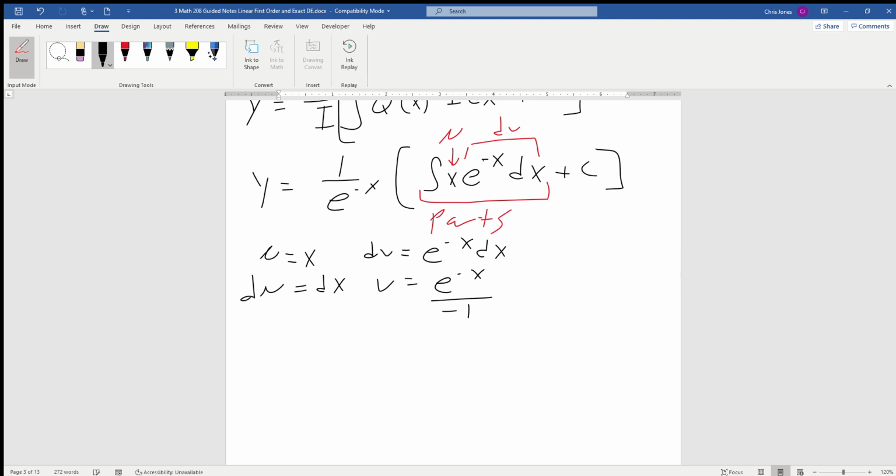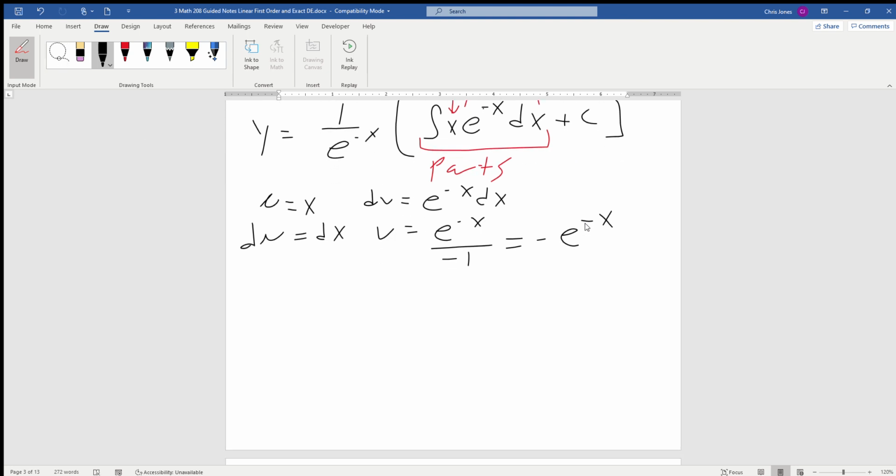Usually we'd multiply by -1 if it was a chain rule, right? But since we're taking the antiderivative, we're going to divide by -1. And again, that only works because the exponent is a linear term, excuse me. If it was an x squared or square root of x, we couldn't do that. And so v is -e to the minus x.